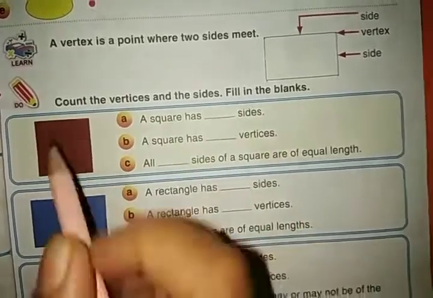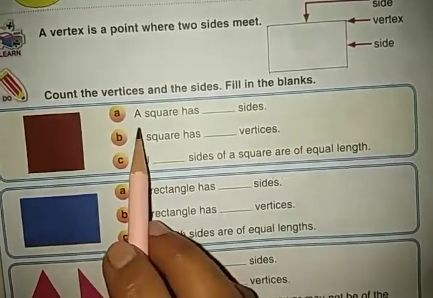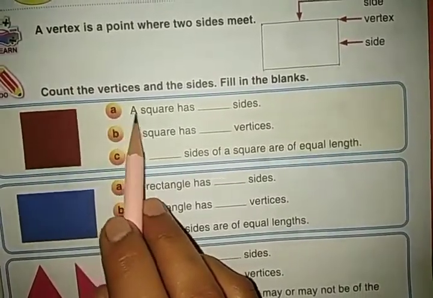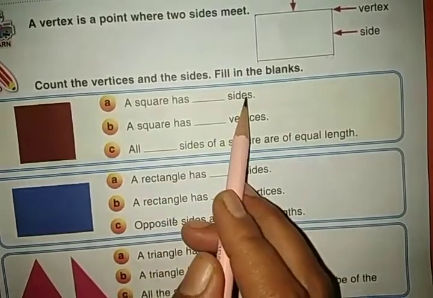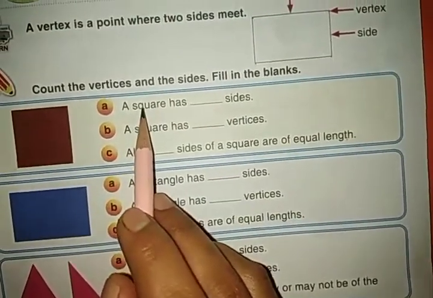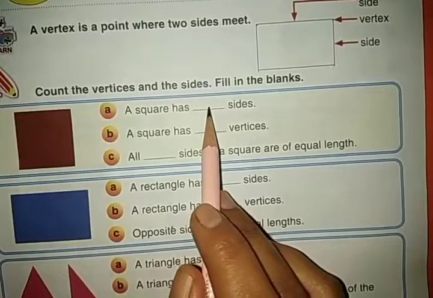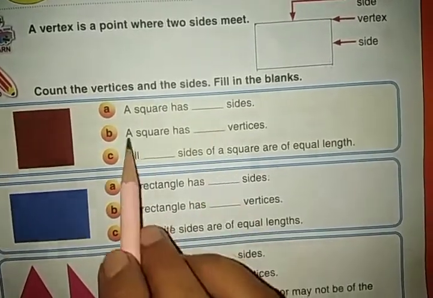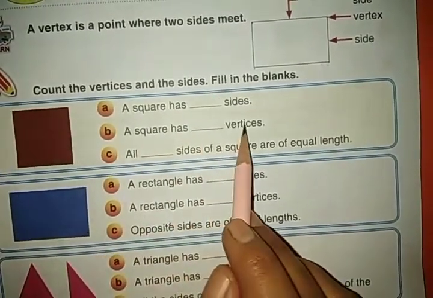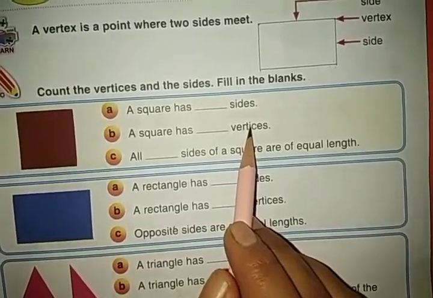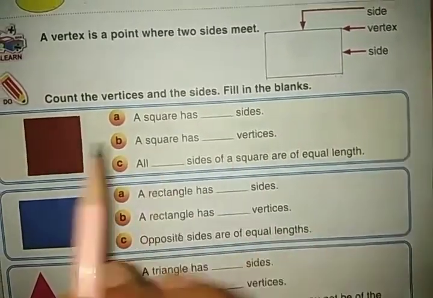Yes, see here, now we have to count. A1, a square has dash sides. How many sides does square has? That we need to write here. A square has dash vertices. We need to count and write the sides and vertices of this square.